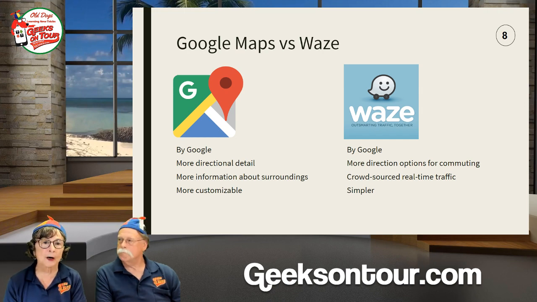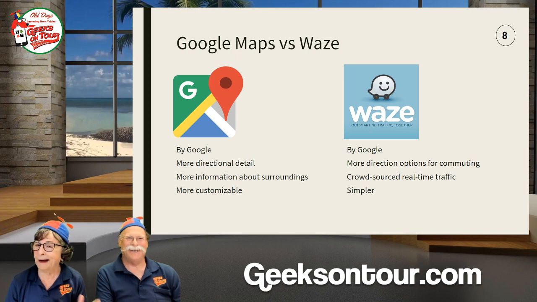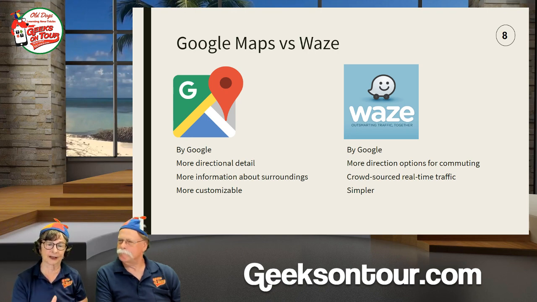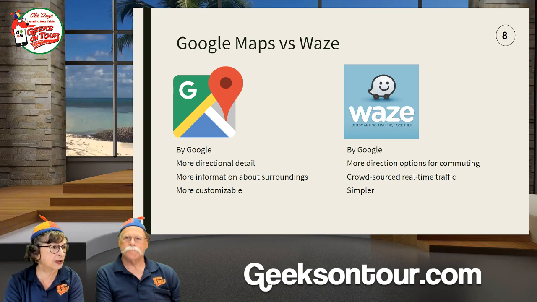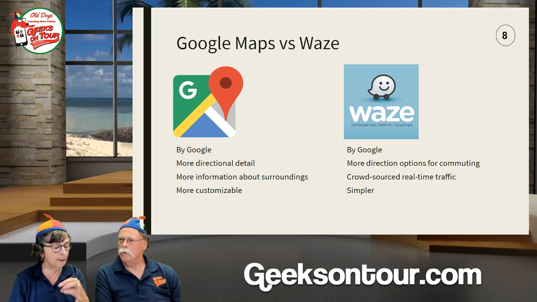But if you're traveling around the country and you're in places where you don't know where you are, I think Google Maps is better. And as you say, Google Maps is now starting to get some of that, an ability to say certain things.